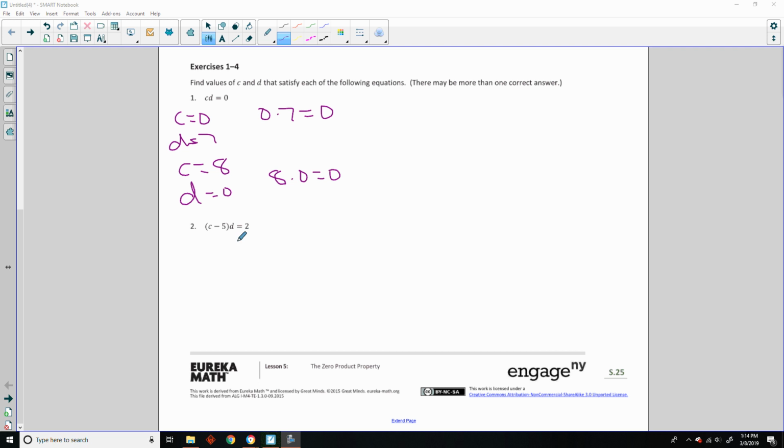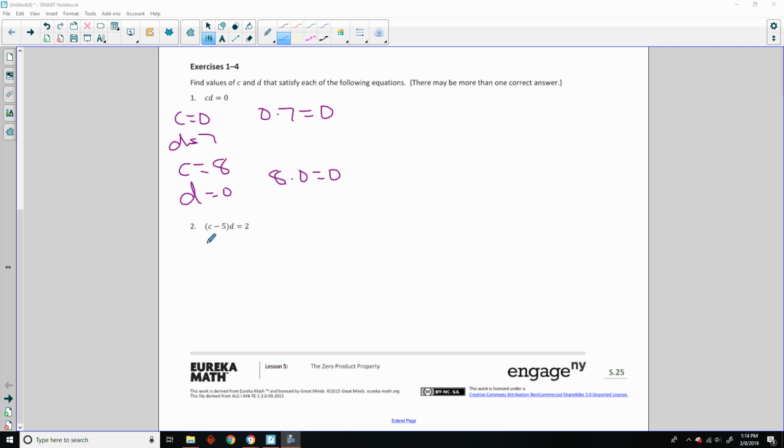Okay, number 2. For what values of C and D would this equal 2? Well, I believe there would be an infinite number of solutions to this. Let's choose a value.